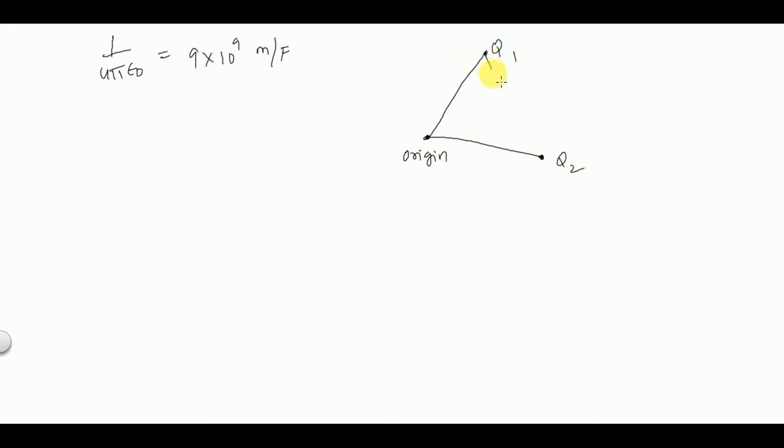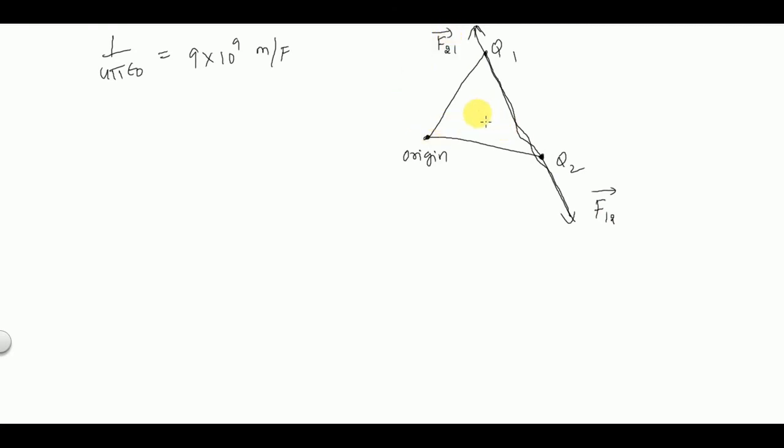If there is a line joining Q1 and Q2, this is the direction of the force exerted by Q1 on Q2, that is F12 bar, and this is the direction of the force exerted by Q2 on Q1, so this is F21 bar.